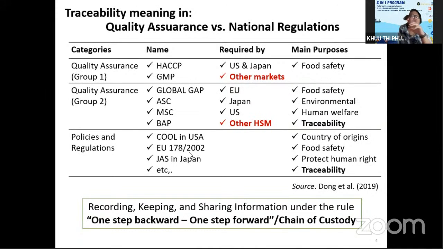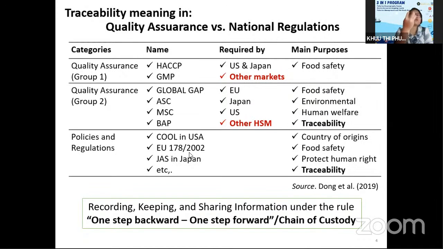And quality assurance, if you read some papers, they call quality assurance private practice or private certification. That means quality assurance will sometimes be required by retailers in importing countries, or by a private group of retailers.